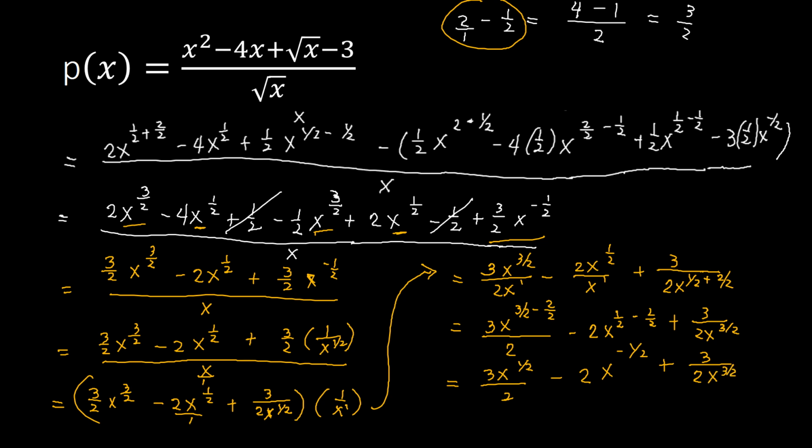And then this one is a negative exponent, so we'll have to do our positive exponent for that one. So 3x to the power of 1 half over 2 minus 2 over x to the power of 1 half plus 3 over 2x to the power of 3 halves.